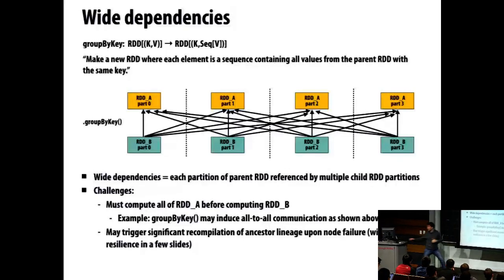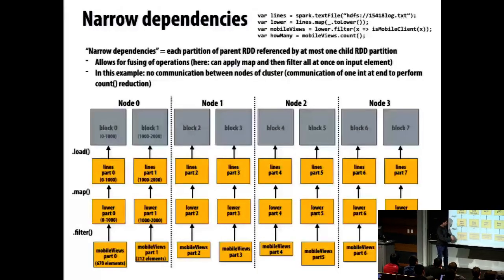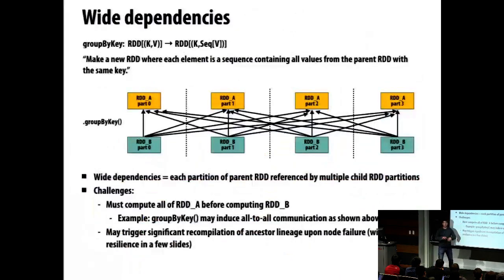Unlike this example, where I had a very efficient implementation, as soon as we produced an element here, we could consume it. As soon as we produced an element here, we could consume it. In this example, we cannot begin to consume the output of reduceByKey until the entire reduceByKey has been completed. And what's the implication of that?